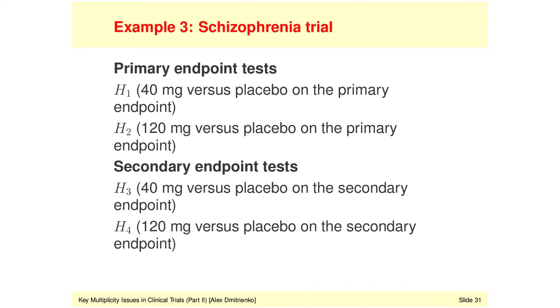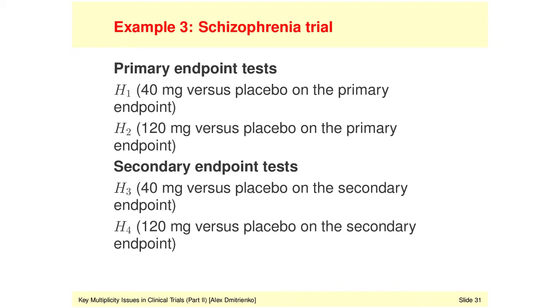Let's begin first of all with defining the hypothesis of interest. If you remember from Module A, a two-dimensional multiplicity problem arises in this clinical trial example, and this is due to the fact that there are two clinical endpoints pre-specified, the primary endpoint and the secondary endpoint.